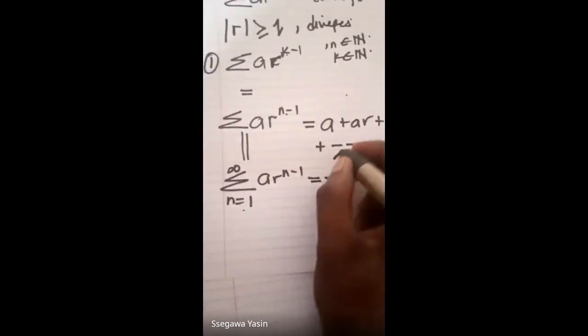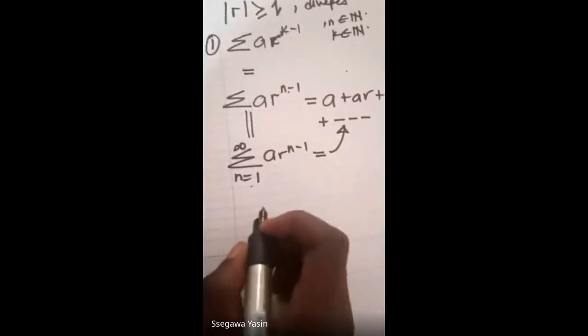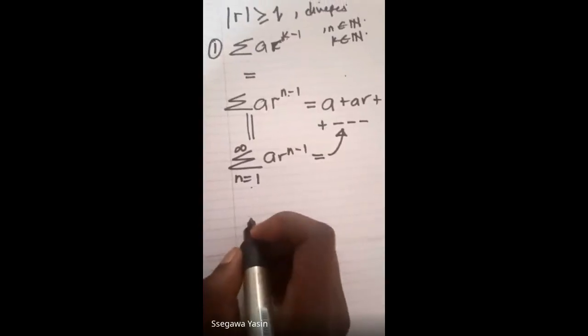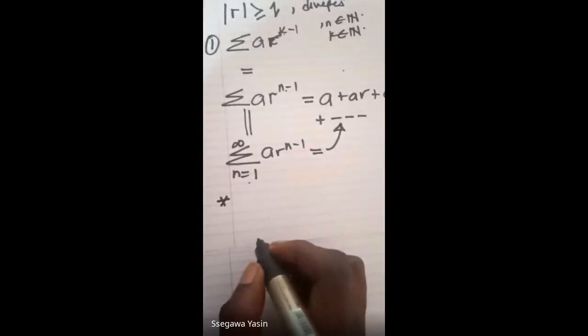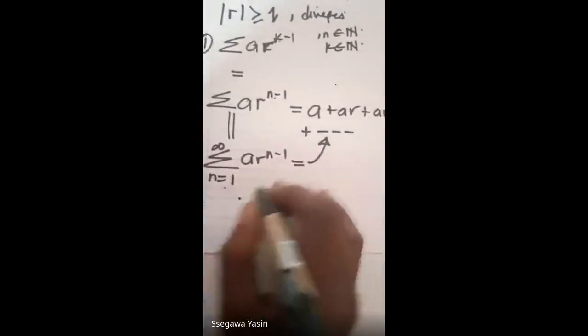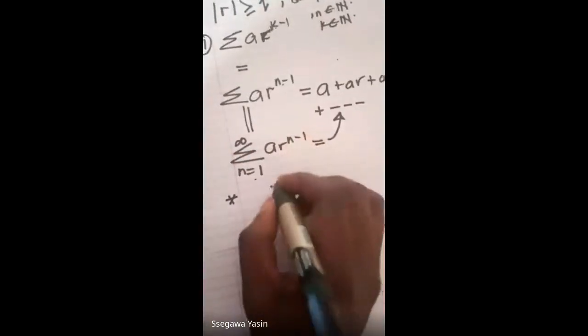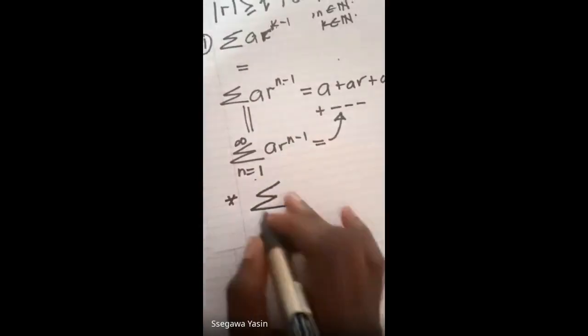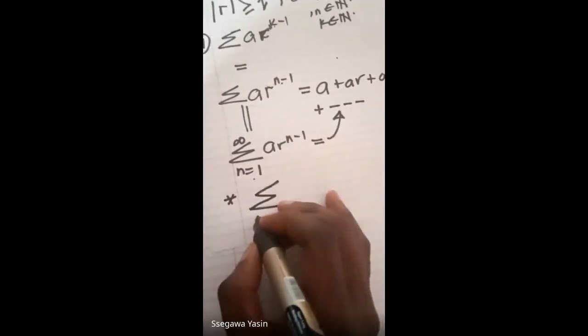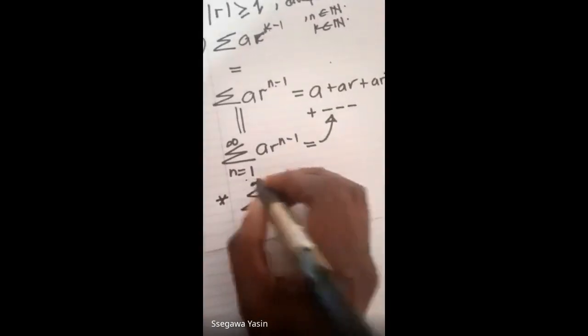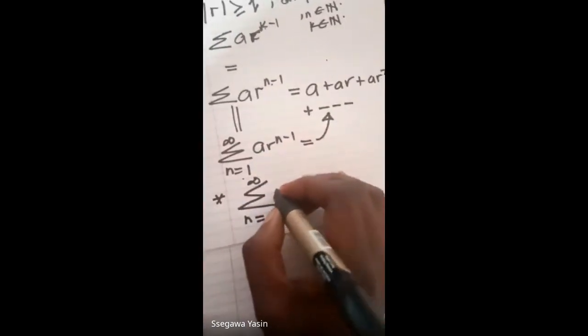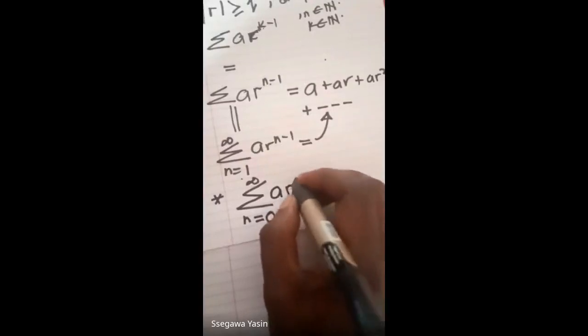This thing is the same as this. Now, you should be a bit conscious when you are reading this, because sometimes, instead of writing that, they just write for you like this, and they say our N is now running from 0 to infinity. And then they tell you that this is the same as A R^N.